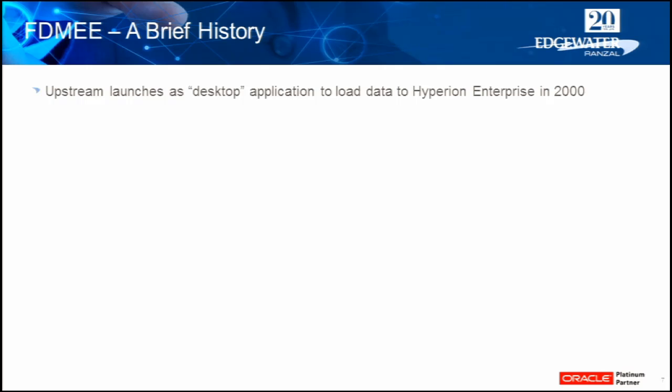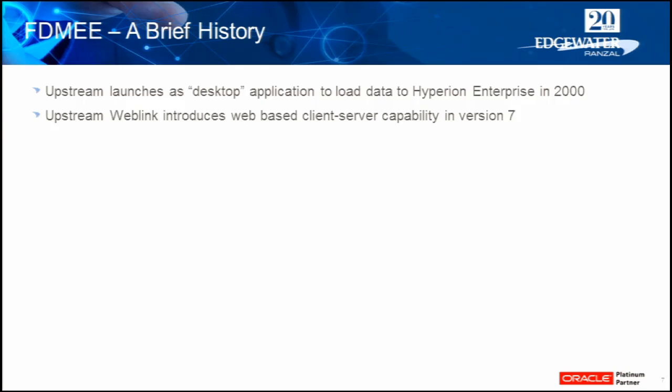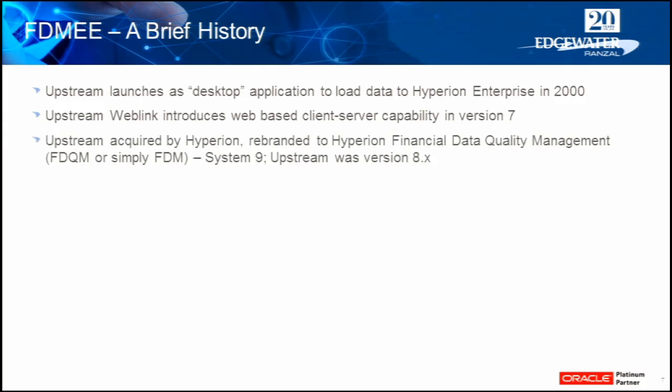He realized they had something there, left the company he was working for, went out, created his own company. That guy's name's Tom Shea, created Upstream. Upstream WebLink introduces a web-based version of its desktop application in version 7. Don't know the year of that, but it was in the mid-2000s.